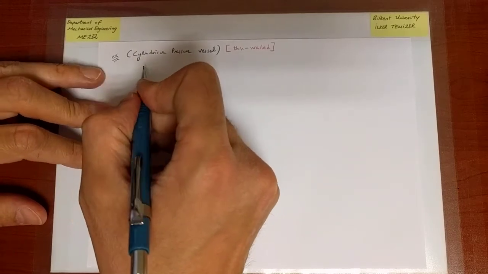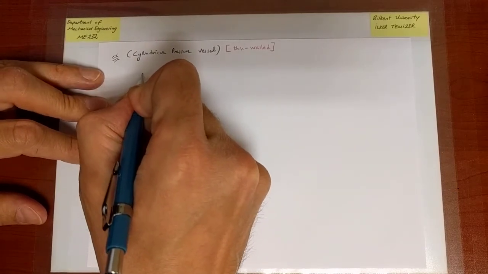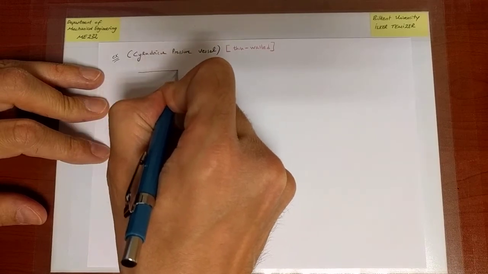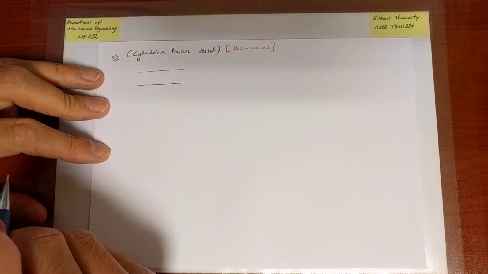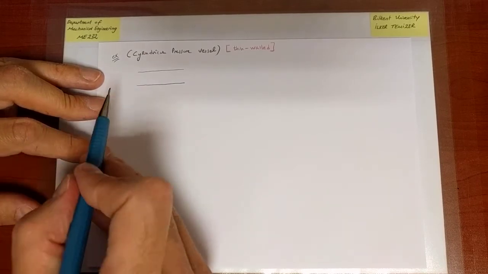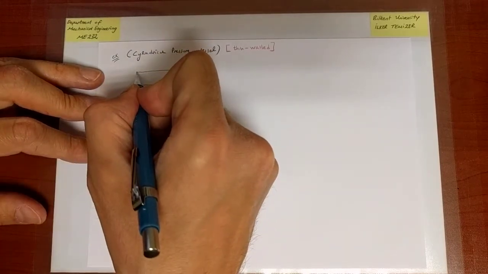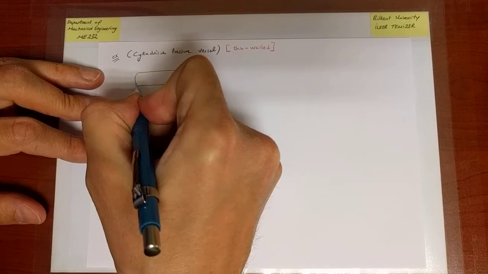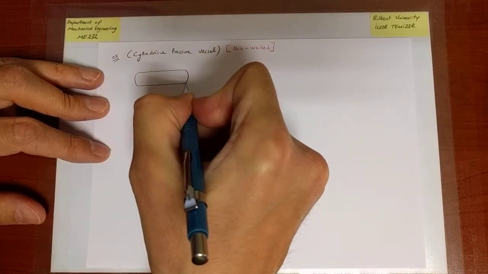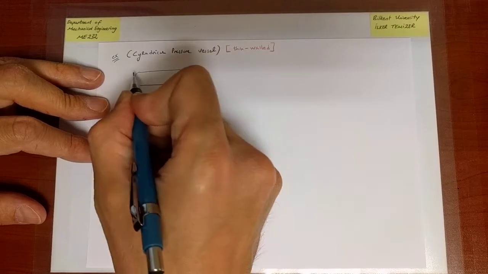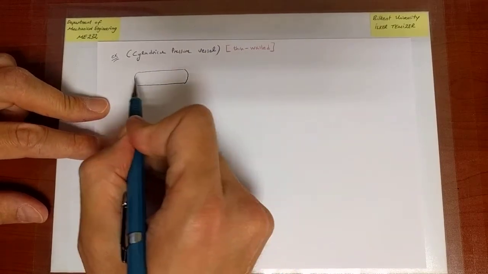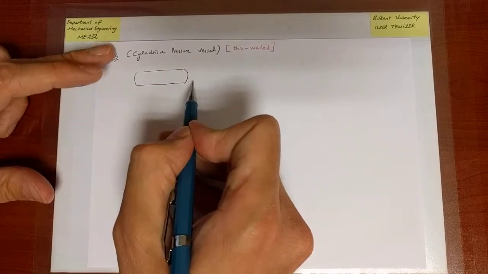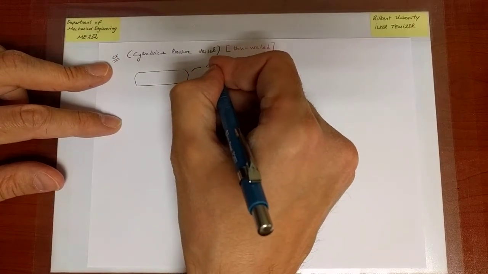So the pressure vessel is essentially, in this case, a cylinder, and we are going to look at a pressure vessel with closed ends. And these closed ends, here I'm drawing them arbitrarily, but they will be of a hemispherical shape. Okay, so that's a vessel with closed ends.